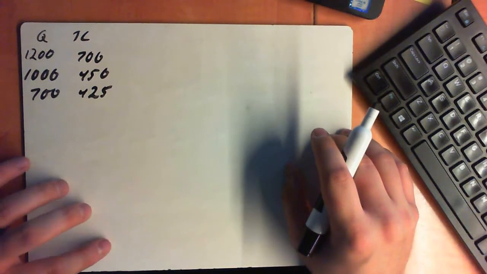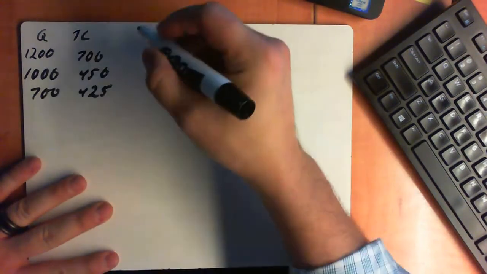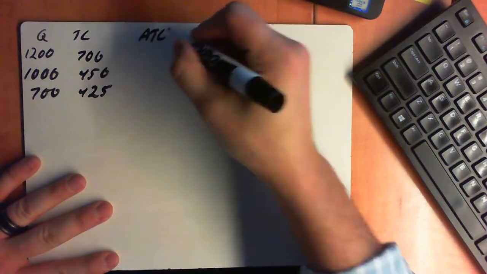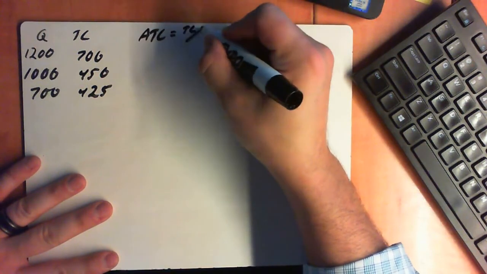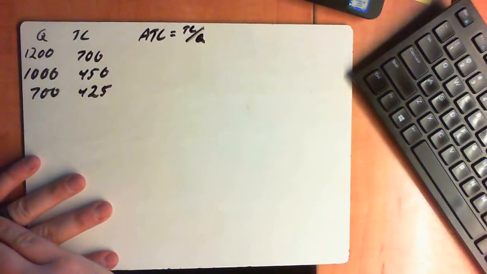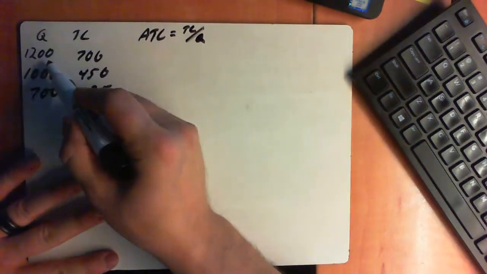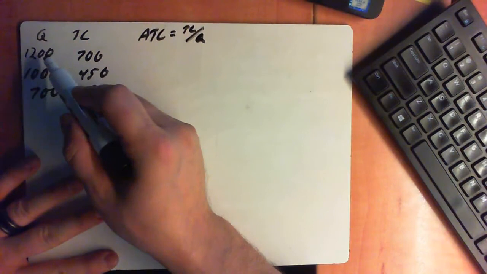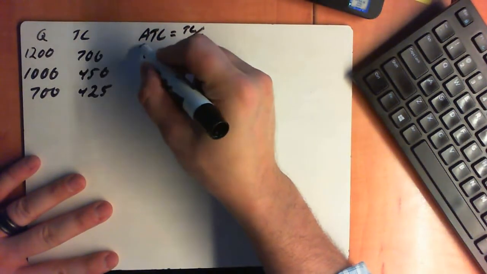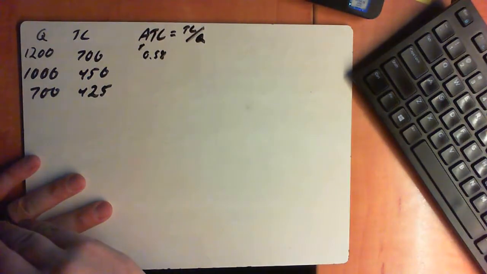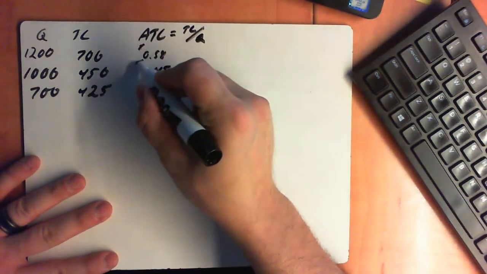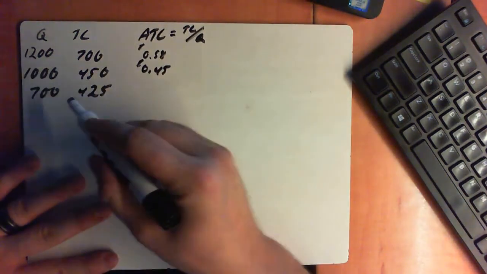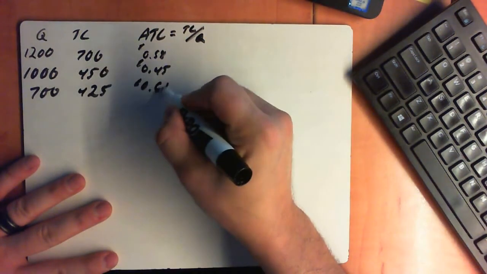Well, the average total cost, or ATC, is found by dividing total cost by the number of units, or the quantity. For this first one, total cost 700 divided by 1,200 is equal to 0.58, or 58 cents. For the next one, 450 divided by 1,000 is 45 cents. The last one, 425 divided by 700 is 61 cents.